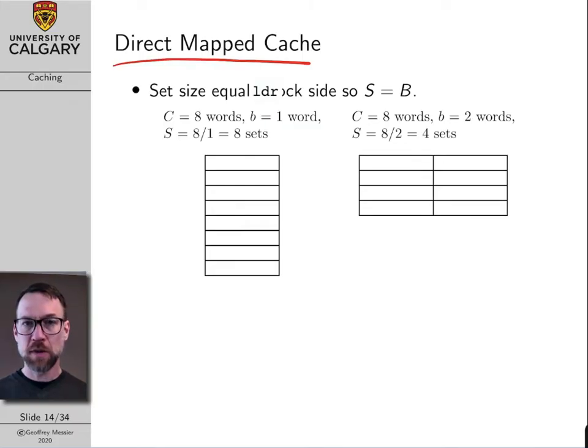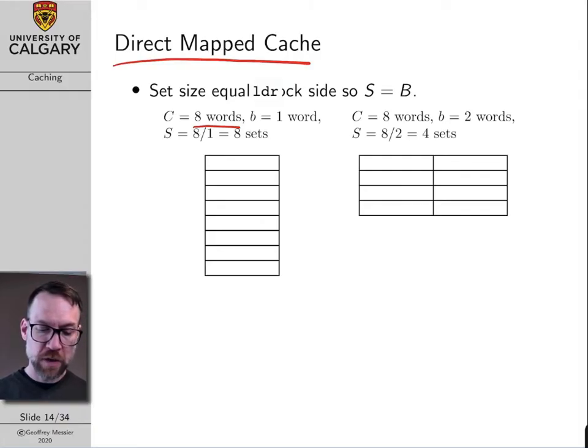Here's a couple examples of simple cache organizations, and how we're going to be drawing them when I work through these lectures. This first cache has a total capacity of 8 words. Very small. Most caches have way more than this, usually kilobytes of capacity, but just to keep our examples simple, we're going to be looking at very small caches.